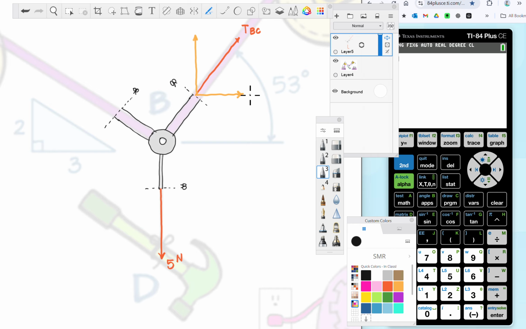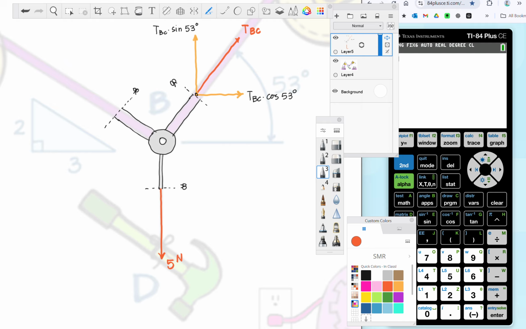So this one's going to be TBC cosine 53 degrees because it's adjacent to 53 degrees. This is TBC sine 53 degrees. And if you're not able to determine which trig function to use pretty quickly by now, almost on autopilot, please get help from me or a TA or a tutor. The expectation is that we do those pretty quickly moving forward.